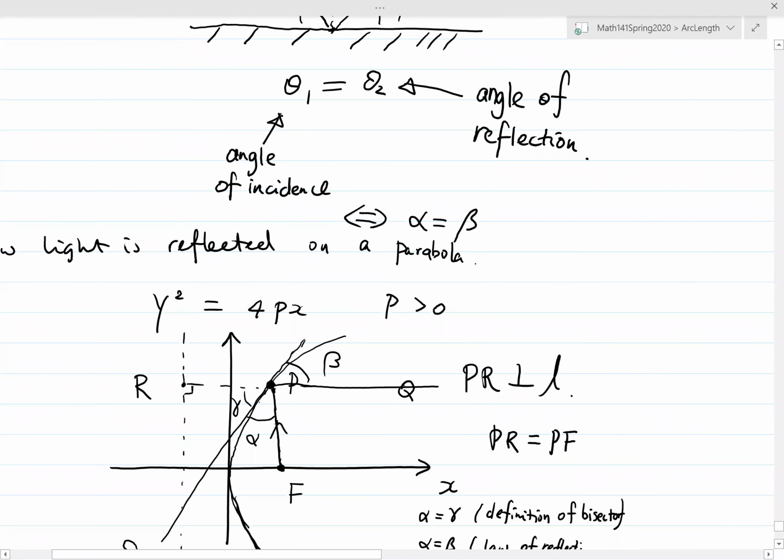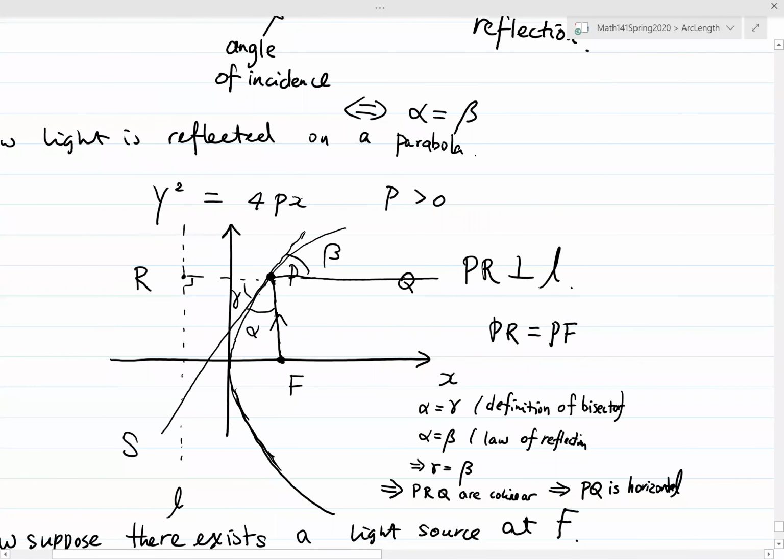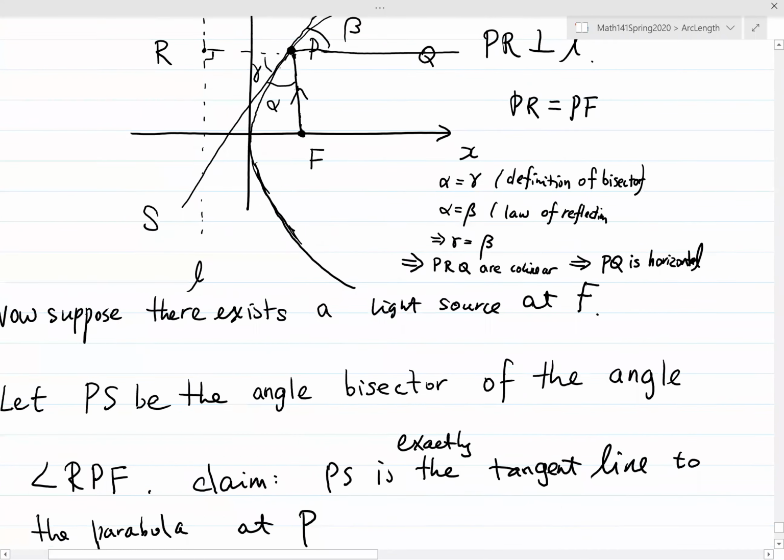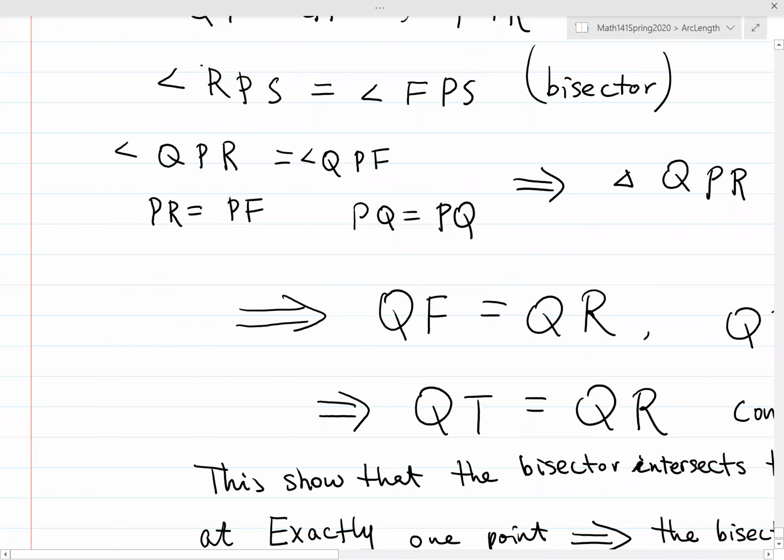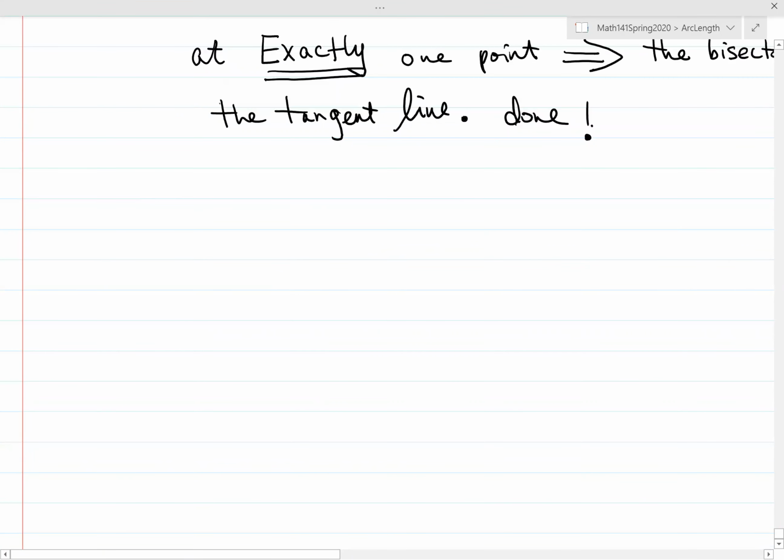Then people design the auto light. Use a rotation. You just rotate the parabola with respect to the x-axis for this example. So you get a good parallel light. All right, so this explains how light is reflected on this problem.